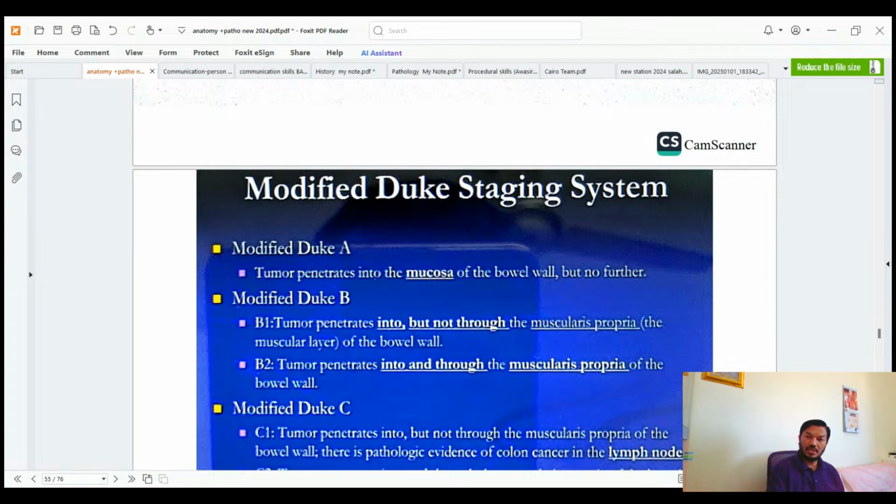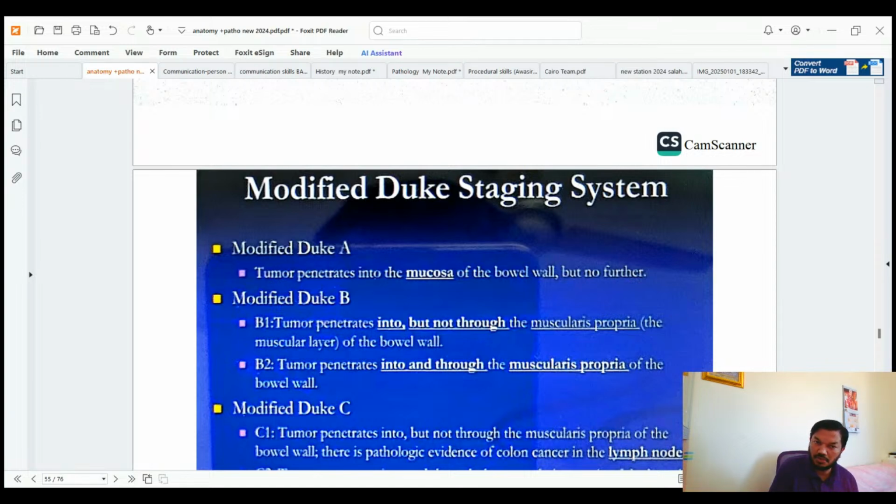Modified Duke's staging system. Modified Duke's A: tumor penetrates into the mucosa of the bowel wall, but no further.